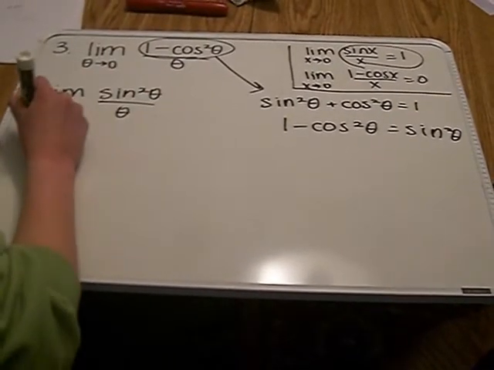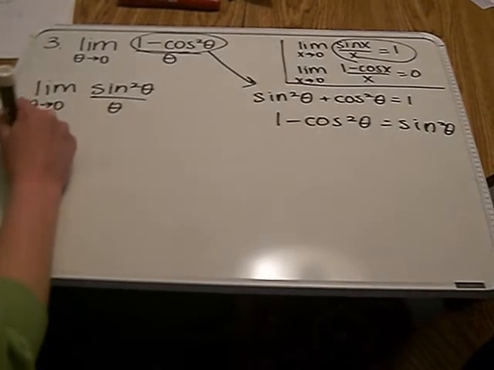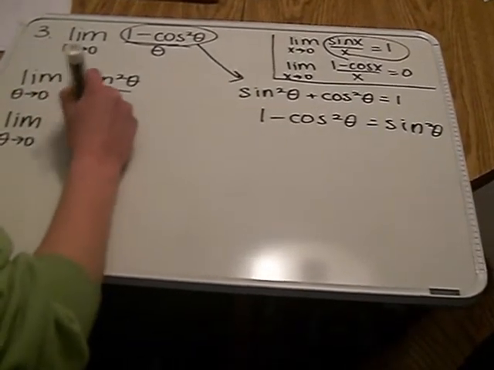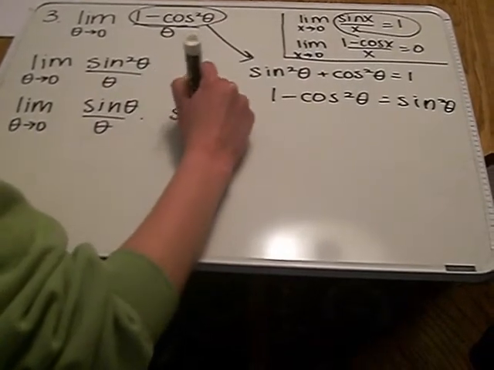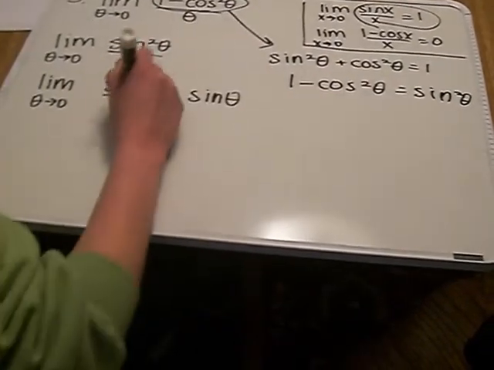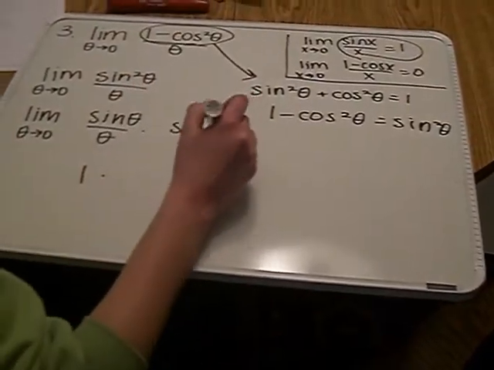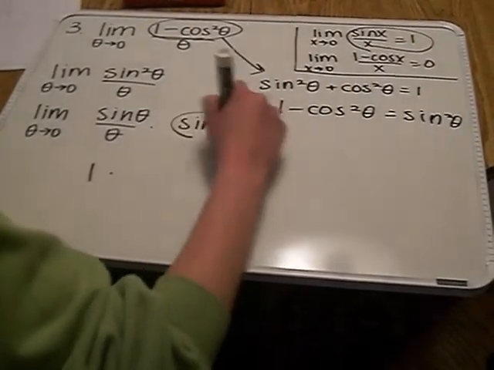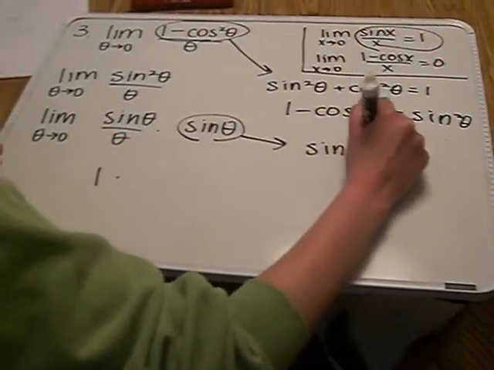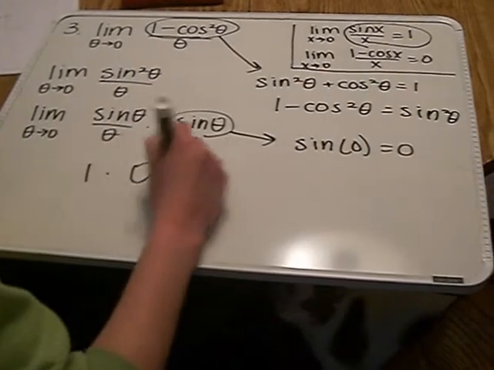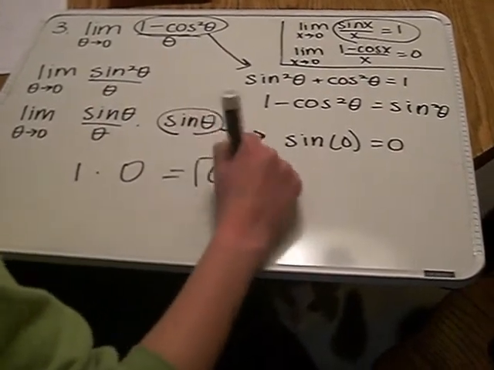We can break this up even more and say the limit as theta approaches 0 of sine of theta over theta times sine of theta. This first part becomes 1 because of the theorem up here. The second part, the sine of theta, when we plug in theta is 0, the sine of 0 is 0, so 1 times 0 is equal to 0.